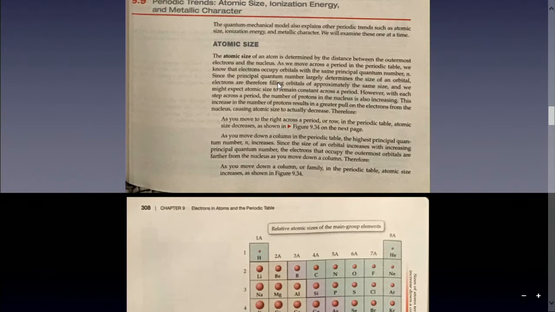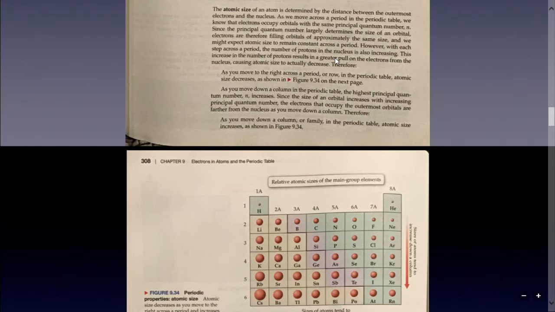As you move across the periodic table, you know that electrons are going to occupy orbitals with the same principal quantum number, right? Since the principal quantum number largely determines the size of an orbital, electrons are therefore filling orbitals of approximately the same size. So you would think that the atomic size would remain relatively constant or get bigger.